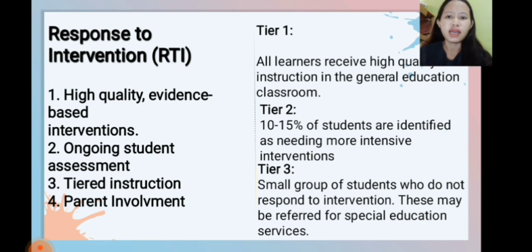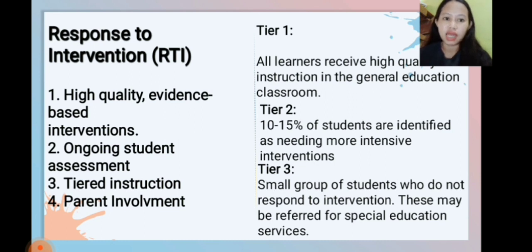So that is tier number 1, 2, and 3. By this response, teachers and experts identify if the learner's disability adversely affects educational performance, and these are the learners recommended for IEP eligibility.